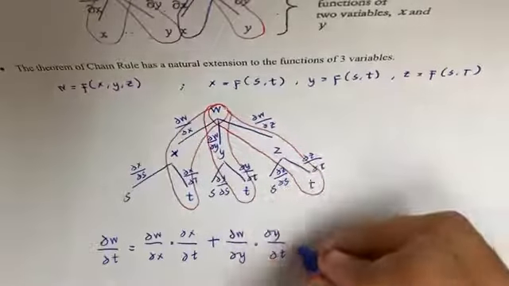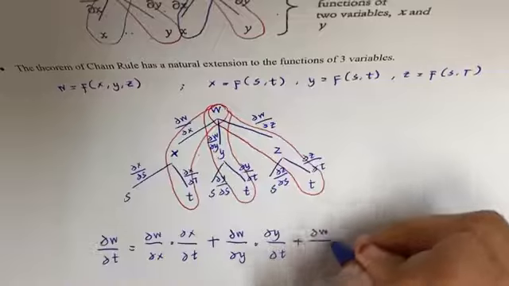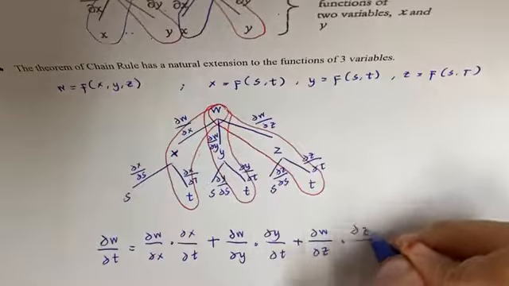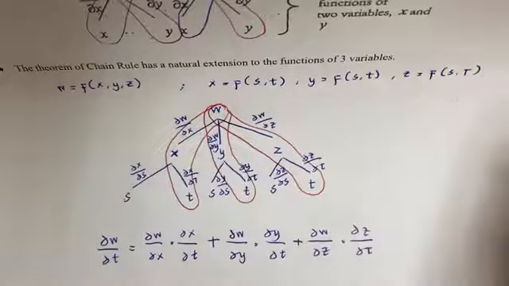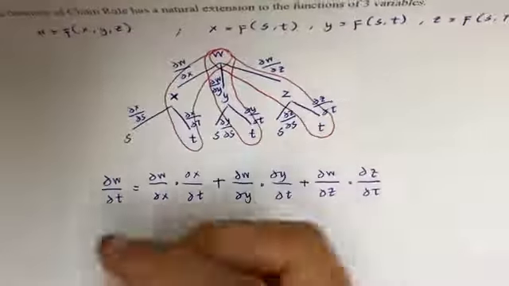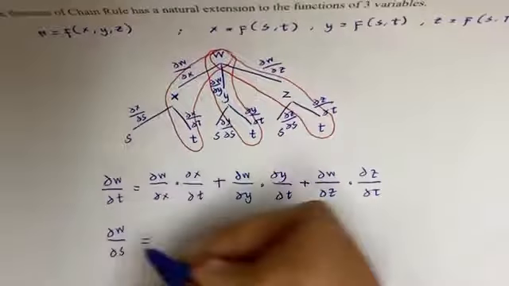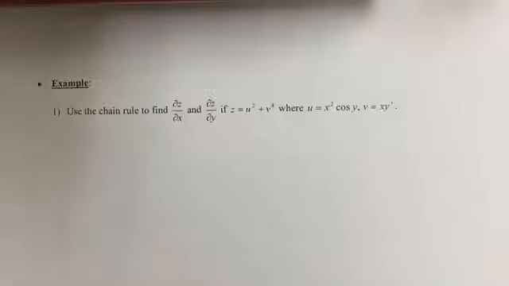Another branch you have here is ∂w/∂z multiplied by ∂z/∂t. And try to find what ∂w/∂s is. Continue with the example.